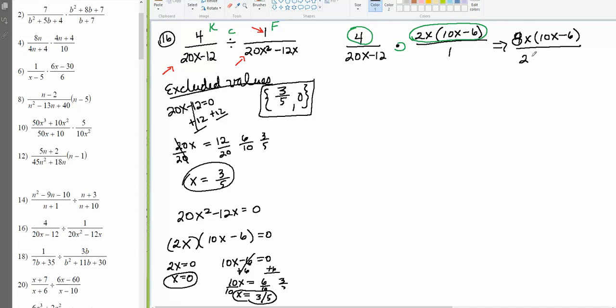Over 20x minus 12. I forgot I can factor out a 2 from the denominator. I'm going to have a 10x minus 6. And you'll notice that these cancel.